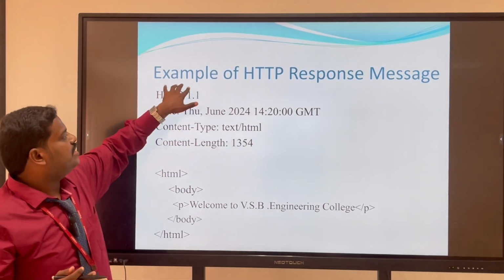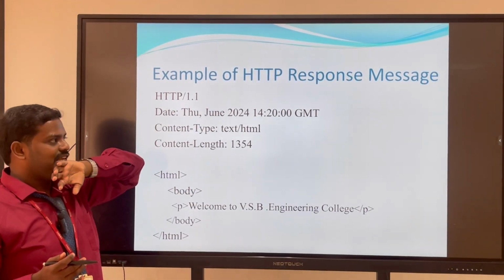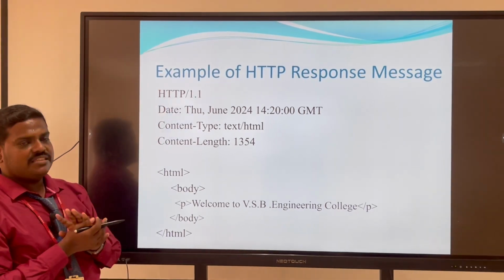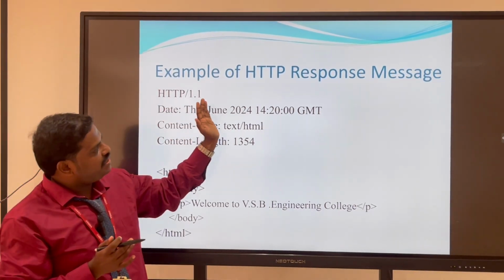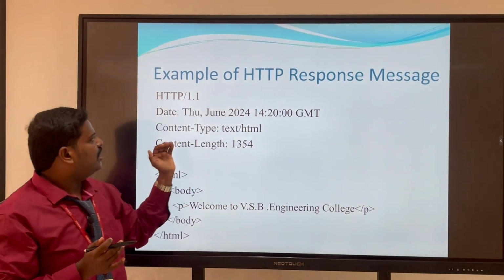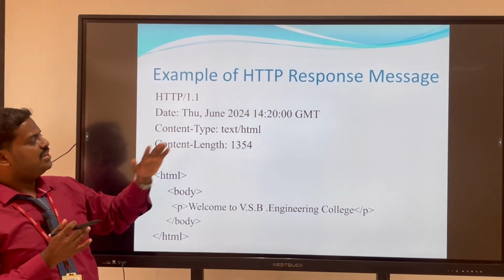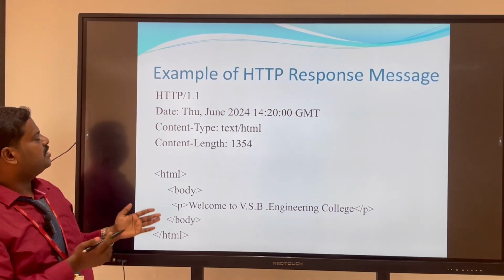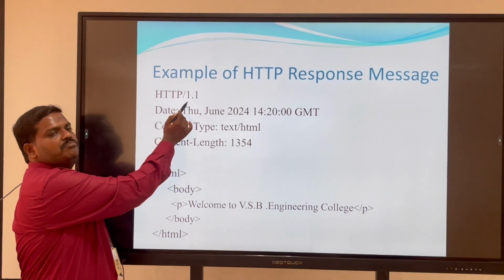Next are examples of HTTP response messages. This is a simple example. Previously we discussed the HTTP request message; now we have a simple example of an HTTP response message, with the same concept. First is the version, HTTP/1.1.